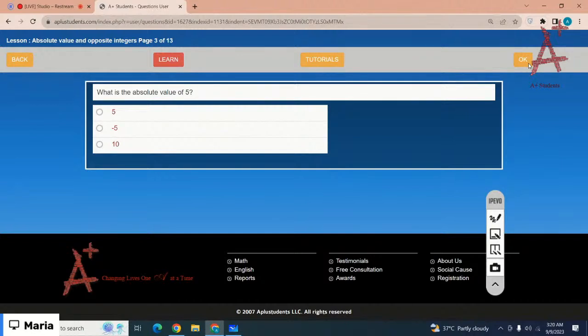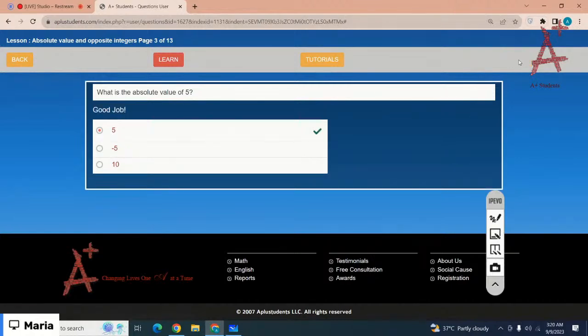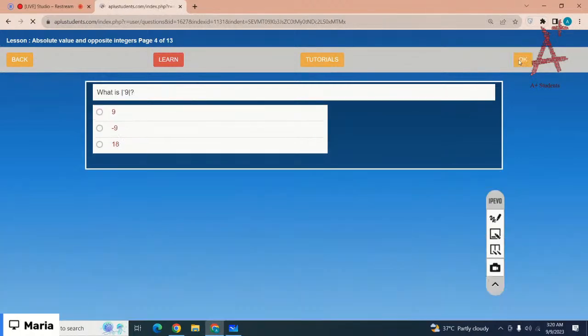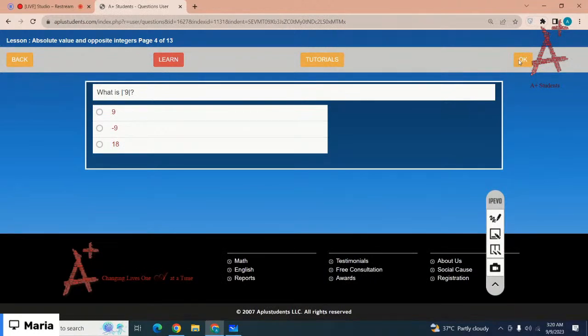That means its absolute value is also positive. What is the absolute value of negative 9? That would be positive 9, right? No negative sign exists in case of absolute values, so it would be positive 9.